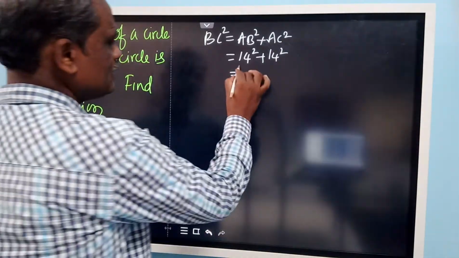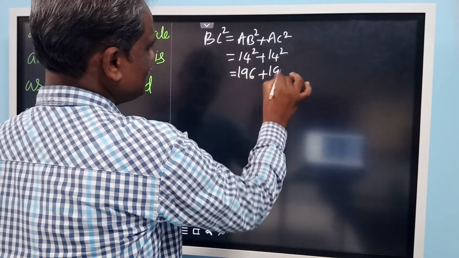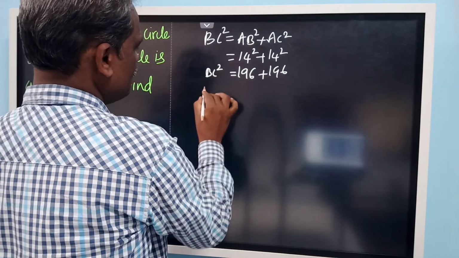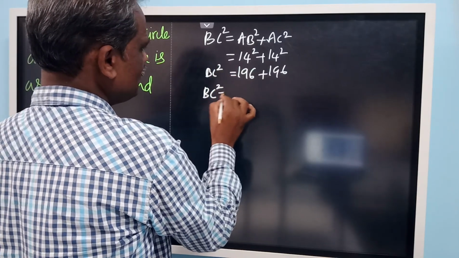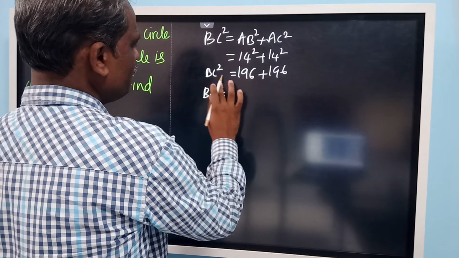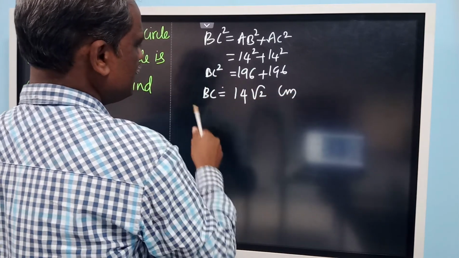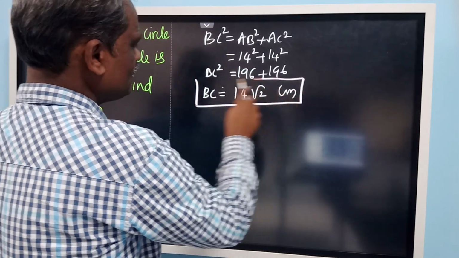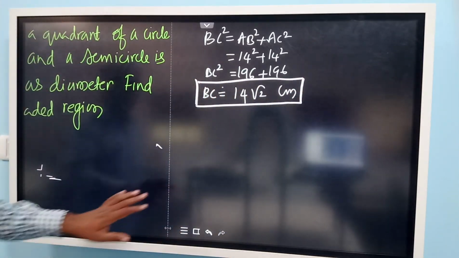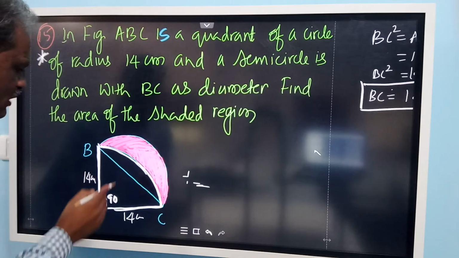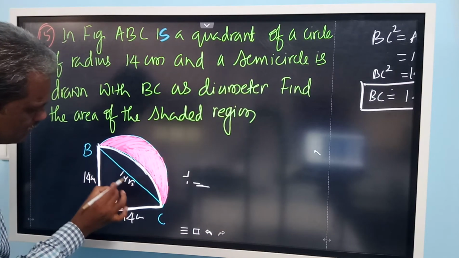So 196 plus 196, that is BC square. So BC will be equal to 14 root 2. So it gives you 14 root 2 centimeter. That is the hypotenuse.